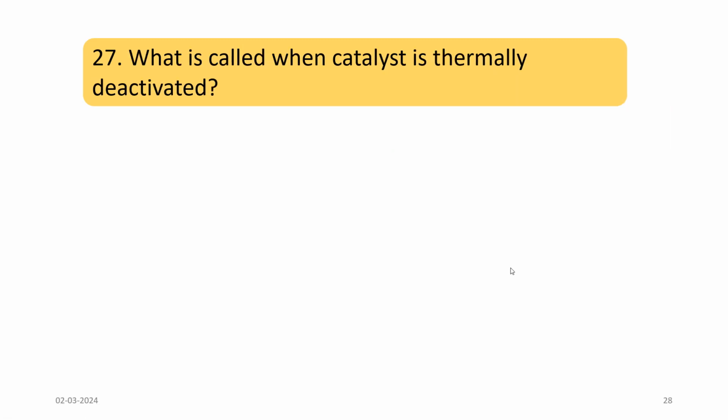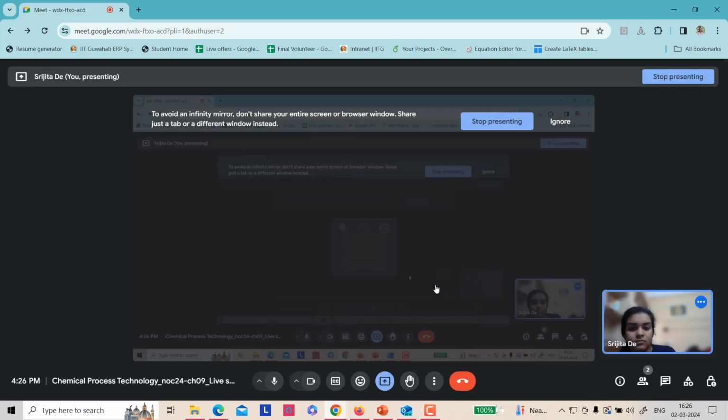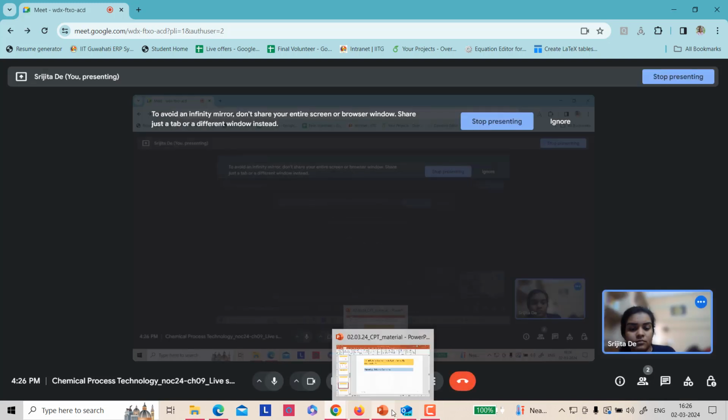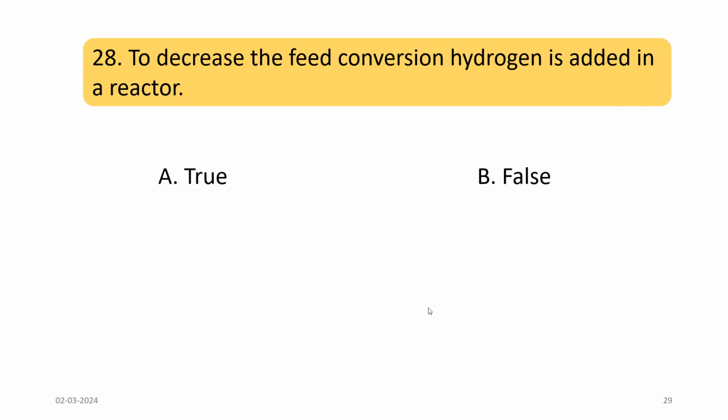The next question is, what is the process called when the catalyst is thermally deactivated? So the answer is sintering of the surface area. The next question is, to decrease the feed conversion, hydrogen is added in a reactor.